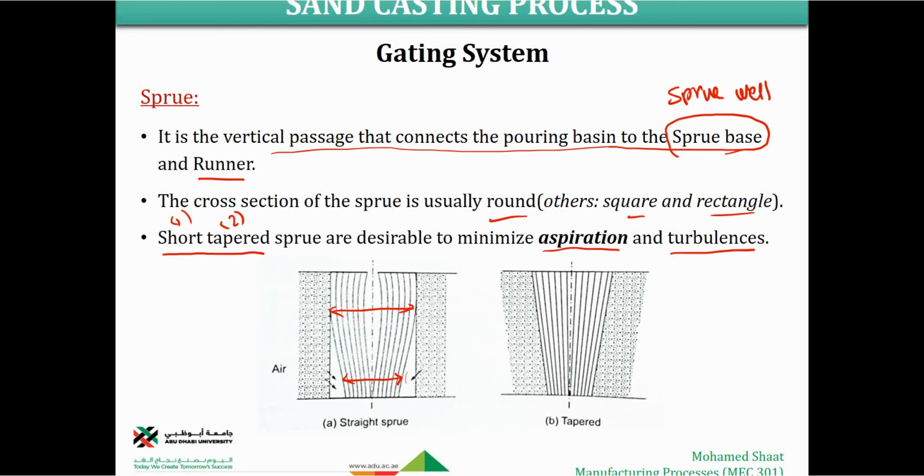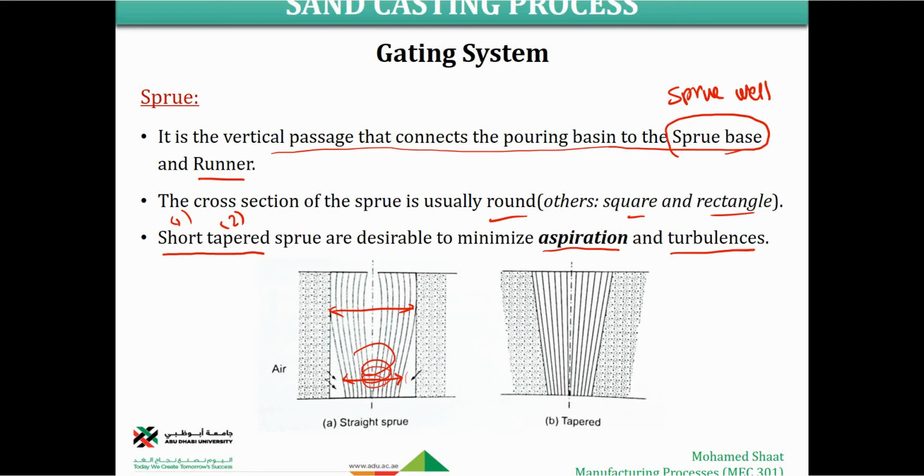What is aspiration? It is breathing the air to fill into the mold cavity, or trapping the air to fill into the mold, or bringing more air to fill into the mold cavity. This all means aspiration, right? Turbulent flow is also another thing, because if it is not tapered, we are allowing the water particles to easily rotate, right?